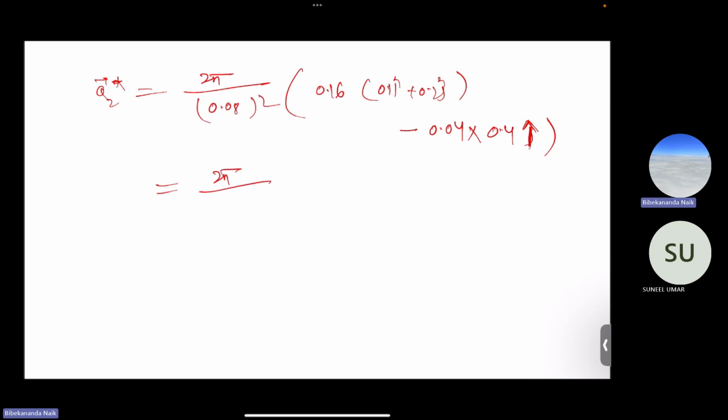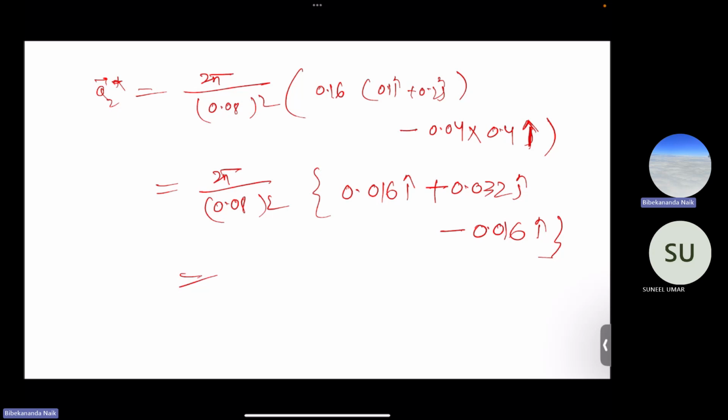If you calculate it, it will be 2π divided by 0.08 squared. So it will be 0.016 i cap plus 0.032 j cap minus 0.016 i cap.